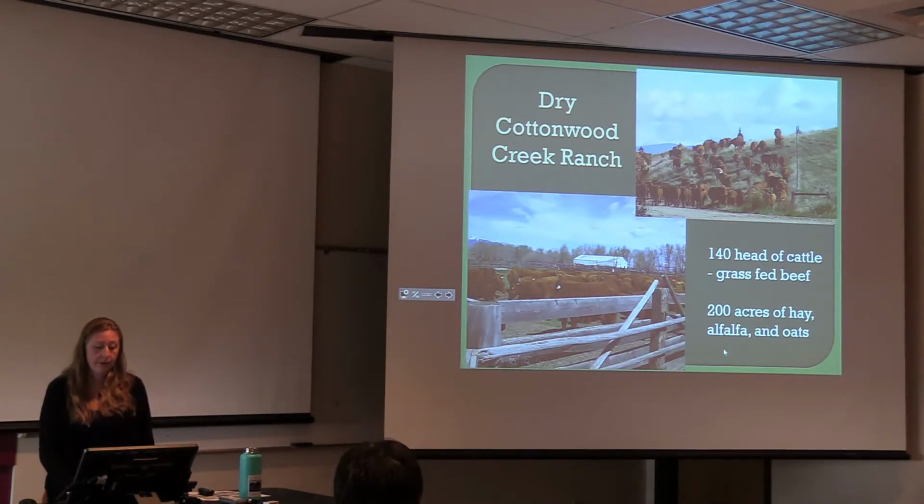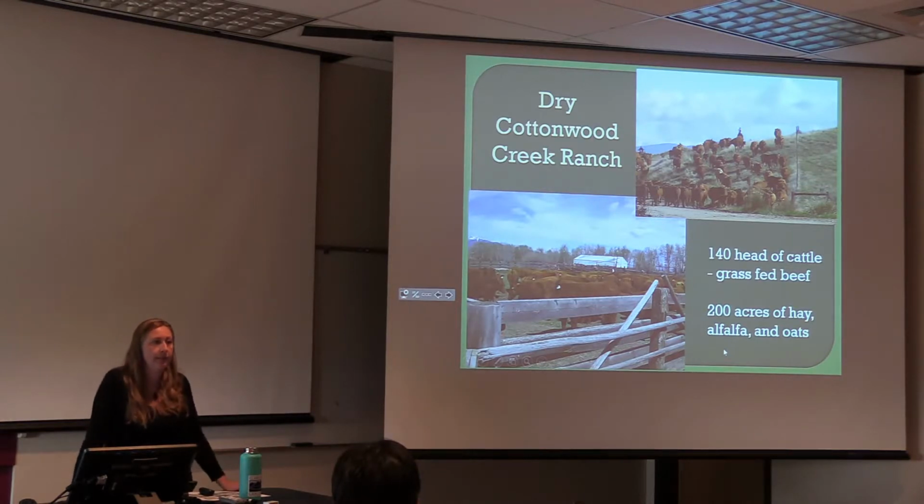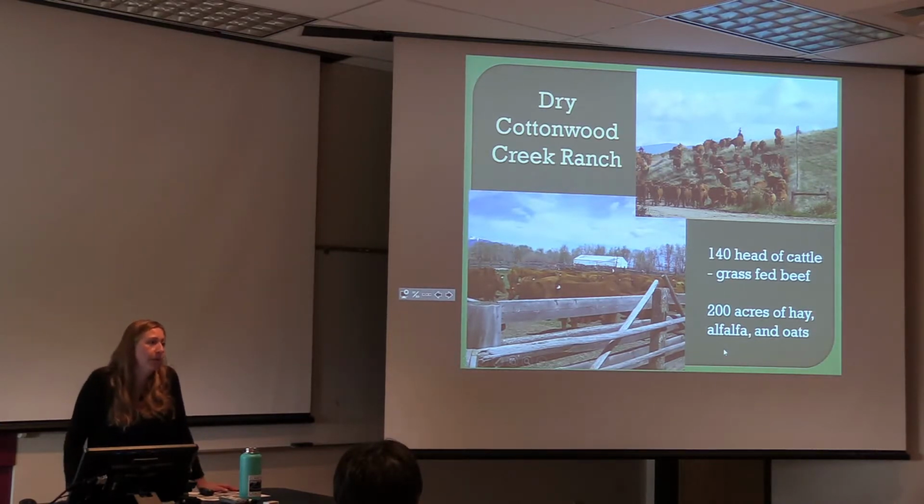We also farm 200 acres of hay, alfalfa, and oats, and we've implemented dozens of conservation projects on the ranch. I'll talk about a Beaver Deceiver project that we put in, and also water conservation measures. We also just turned the property into a conservation easement, basically, so the land will be preserved in perpetuity.